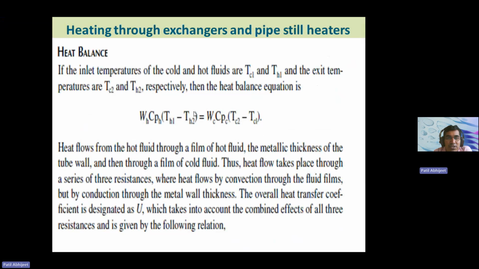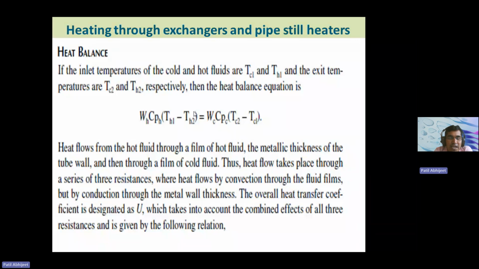Okay, so if the inlet temperatures of the cold and hot fluids are, suppose, Tc1 and Th1, and exit temperatures are Tc2 and Th2, then for the heat balance equation, if sensible heat is transferred, we know that Q is equal to m dot Cp delta T, that is Th1 minus Th2 or Tc2 minus Tc1.